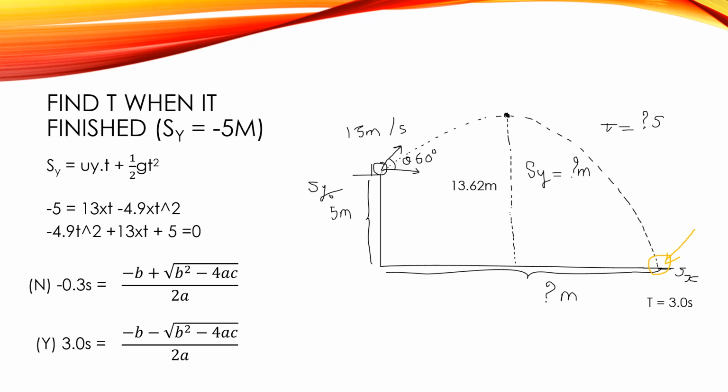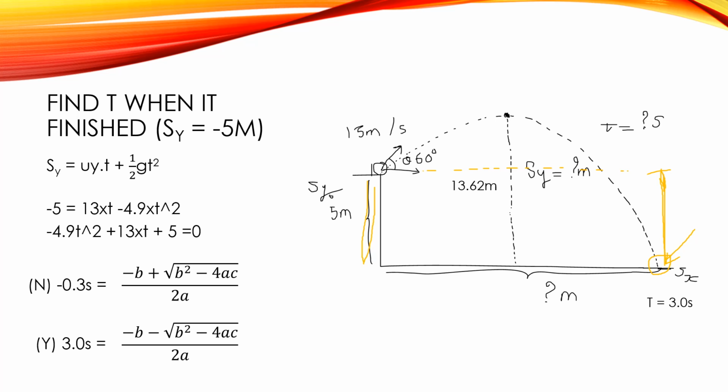But as we see, if we split this diagram, the ball was launched at 5 meters above the ground and it goes back to here. So that means the displacement was changed.